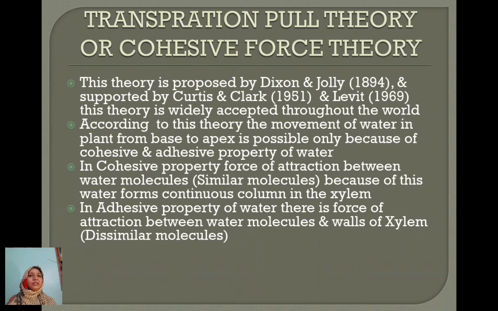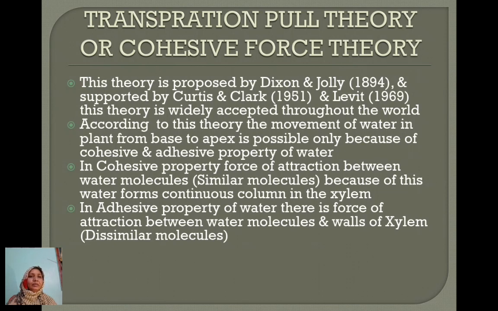The transpiration pull theory is also called the cohesive force theory. This theory was proposed by Dixon and Joly in 1894, and it is supported by Curtis and Clark in 1951 and by Leavitt in 1969.